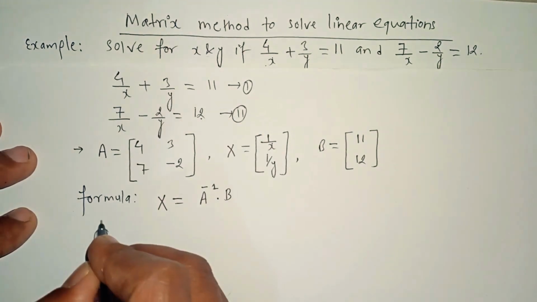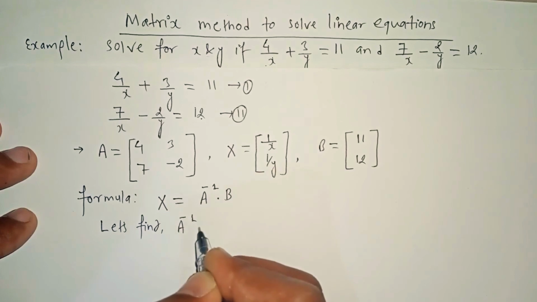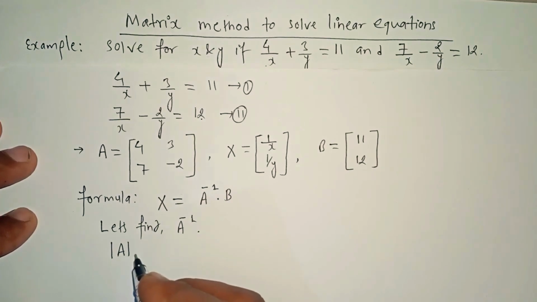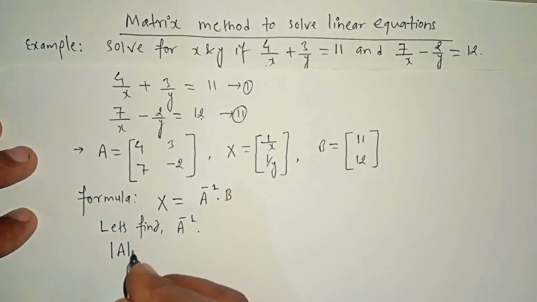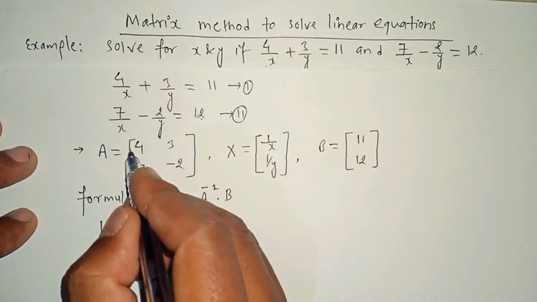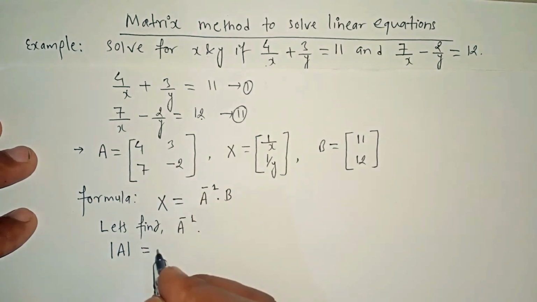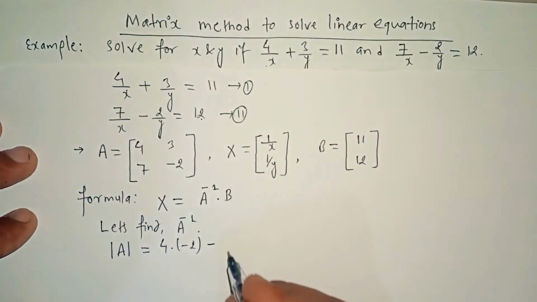Let's find out the value of A inverse first. For A inverse, we first have to find the determinant of the matrix A. If the determinant is non-zero, then we can easily find the inverse of this matrix A. Otherwise, we cannot. Let's find the determinant of this matrix A. 4 times negative 2 minus 7 times 3, just multiplying the diagonal elements.